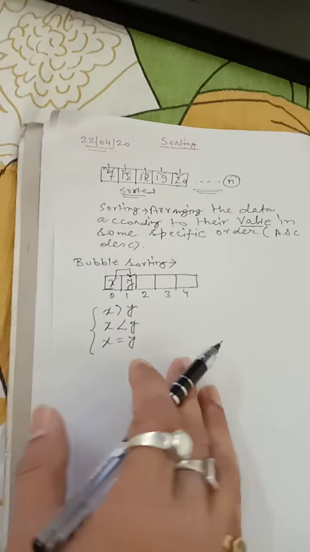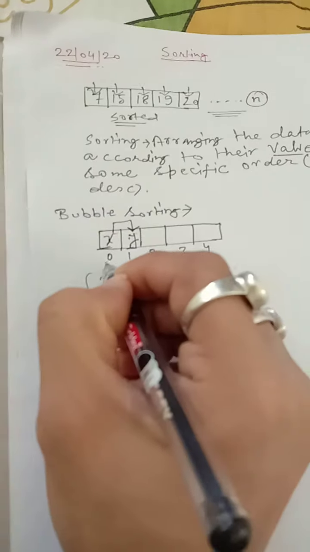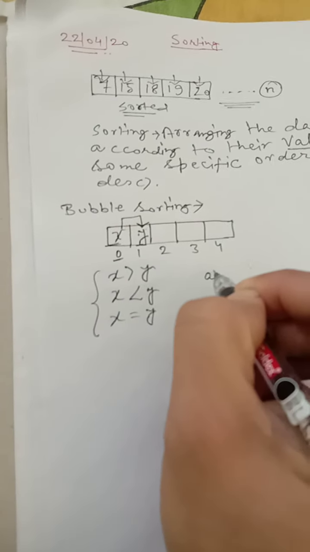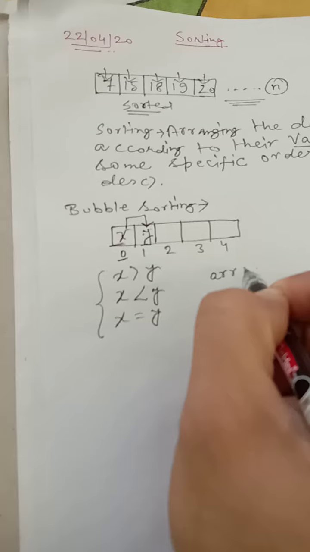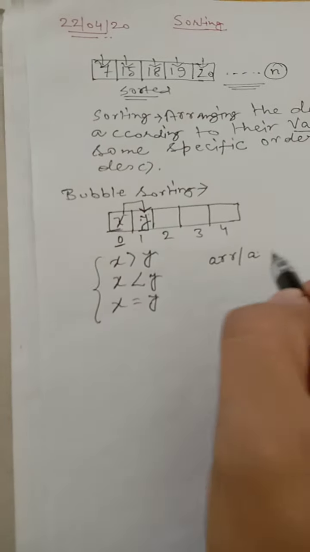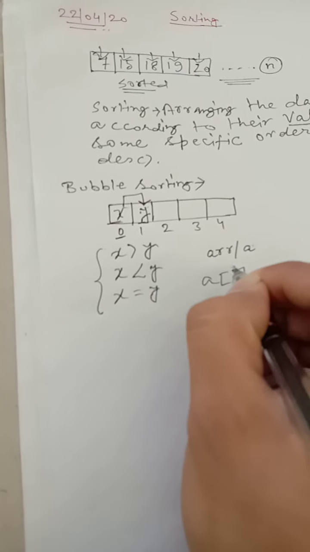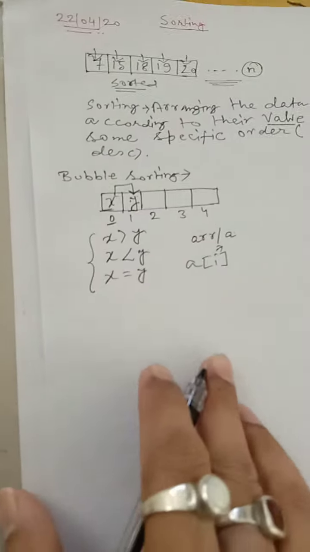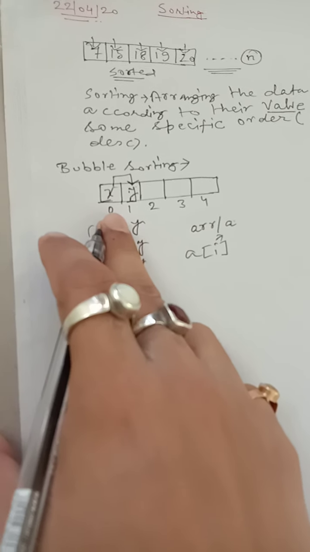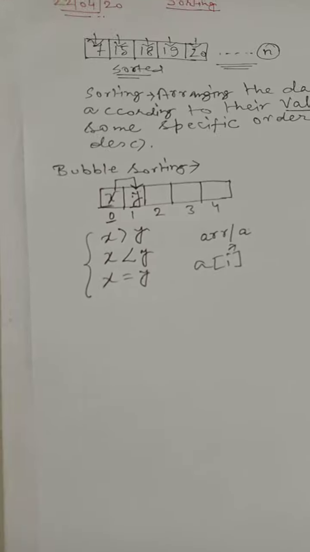Heavier in a broader sense can be explained as follows: if we take this array named as ARR, or it can be coined as A. So let us suppose A of I, where I is the index value which will be subscripted starting from 0, 1, 2, 3 followed by 4 and so on.